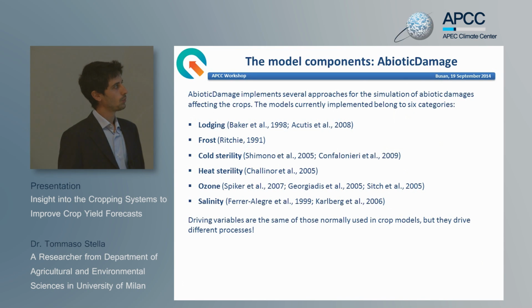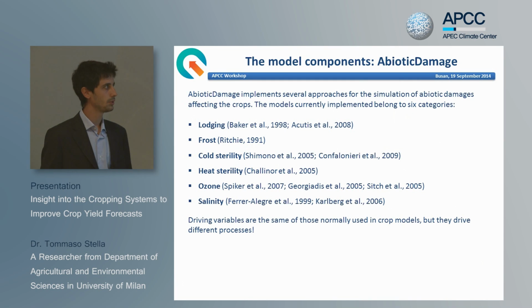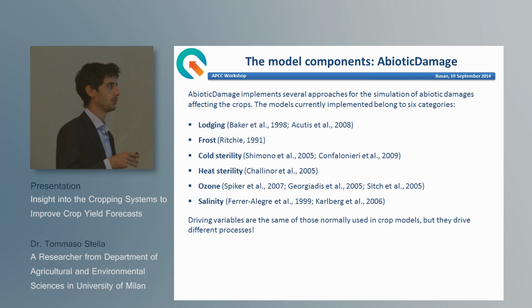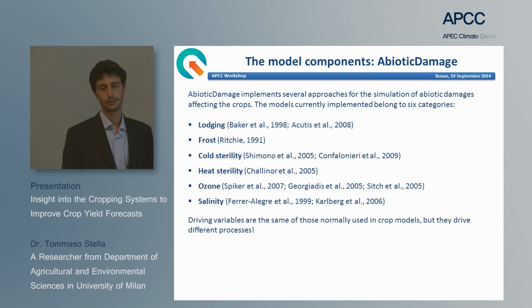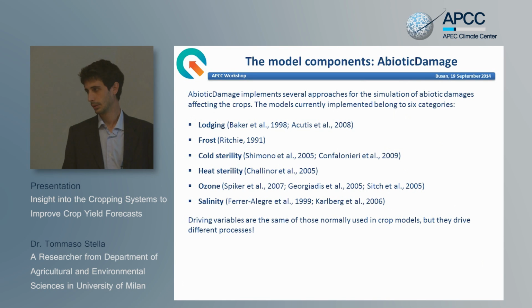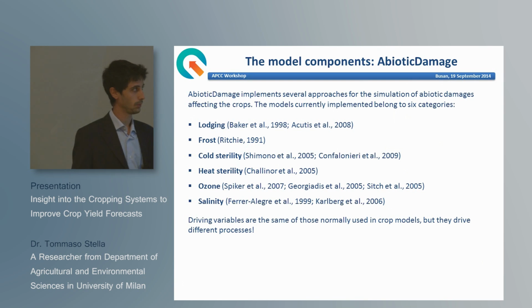Then we have frost, cold sterility, and heat sterility, and we will see better in the following slides how they work. We have an approach for calculating the damage due to ozone, and it is basically based on the computation of leaf aerodynamic resistance, and also of the boundary layer resistance in order to have an average leaf conductance and calculate the flux of ozone through the leaf, and so the reduction of the photosynthesis due to this flux.